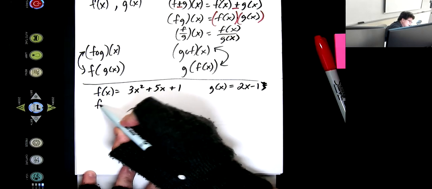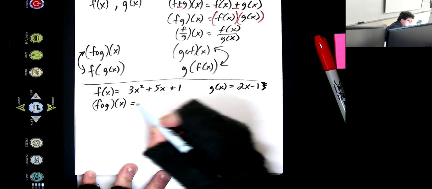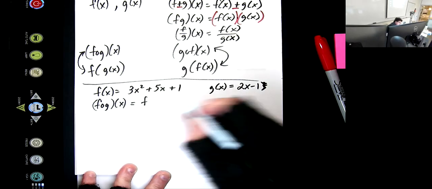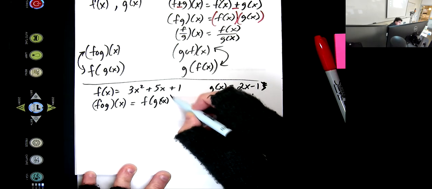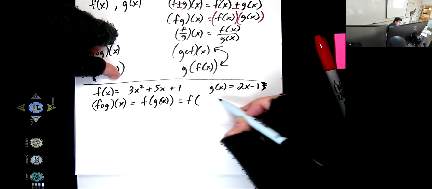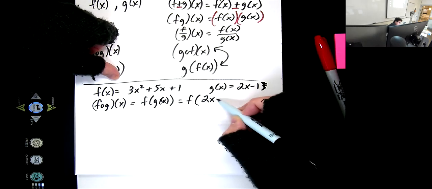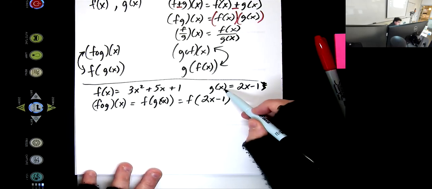F of g of x, I am going to stick g of x inside of f of x, which means I am replacing in the f function, everywhere it says x, I'm going to put in 2x minus 1. That's my g of x.